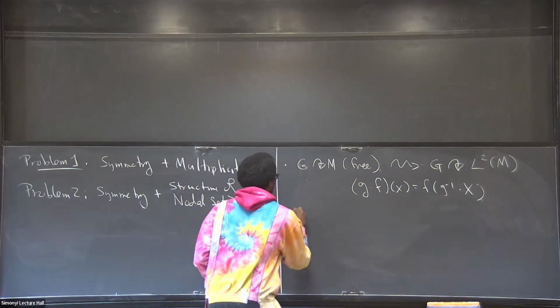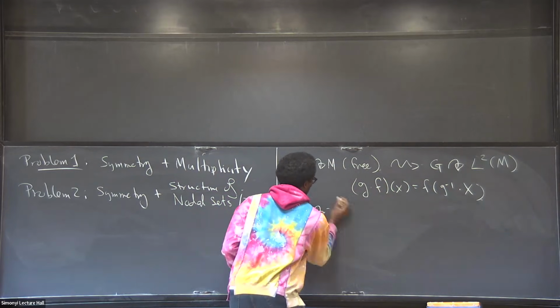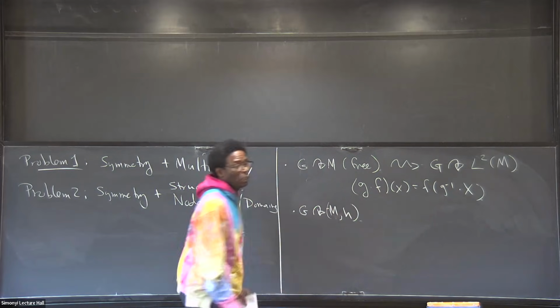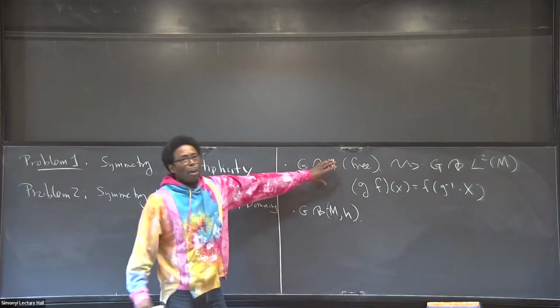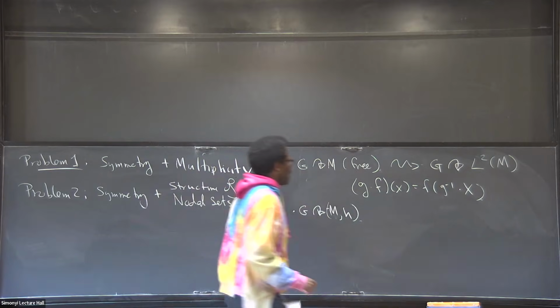If G is acting via isometries on this Riemannian manifold, then this regular action commutes with the Laplace operator.